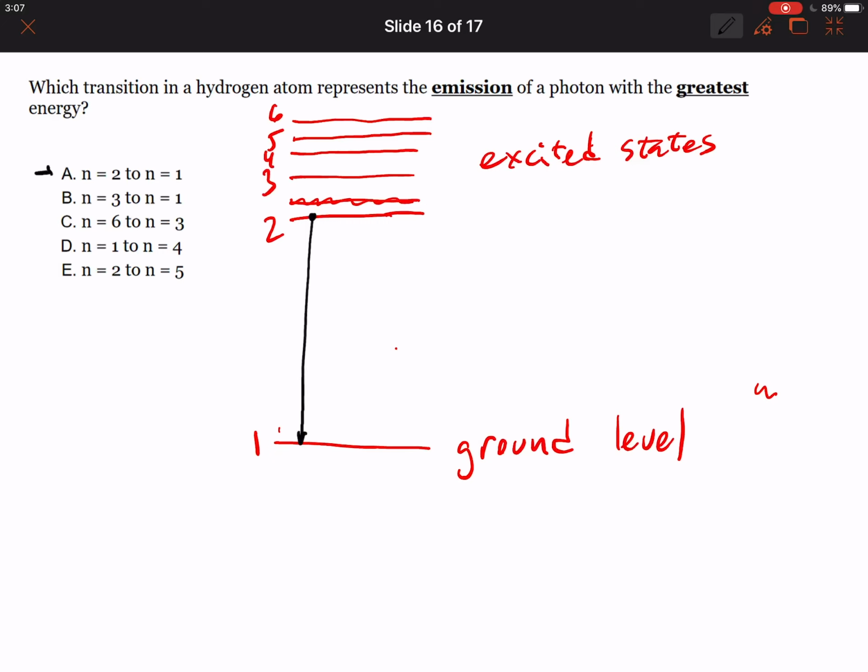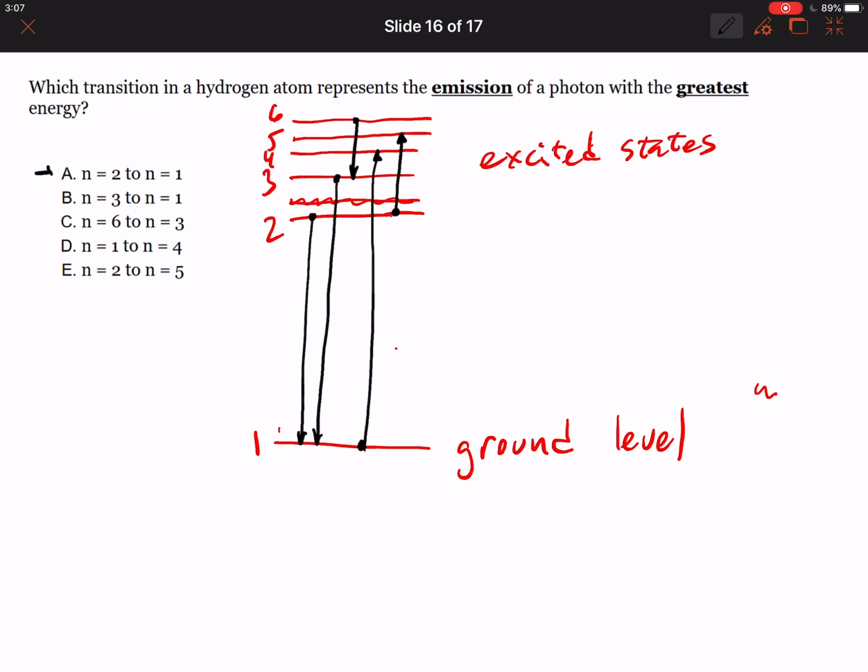Then you are going from 3 to 1. Then from 6 to 3. Then from 1 to 4, starting here and going to 4. And then from 2 to 5, starting at 2 and going to 5.